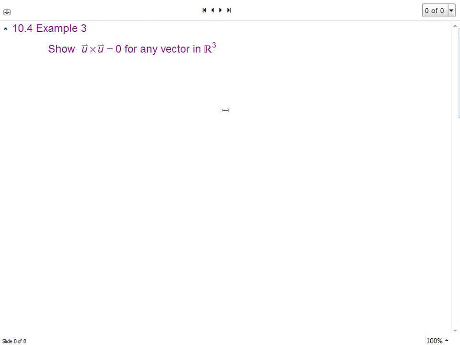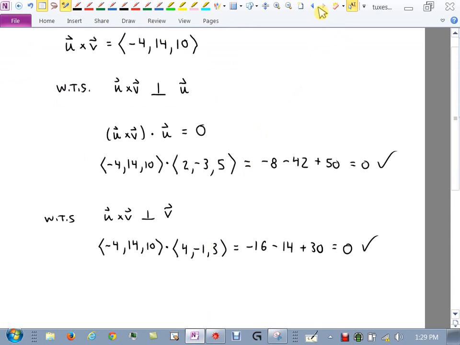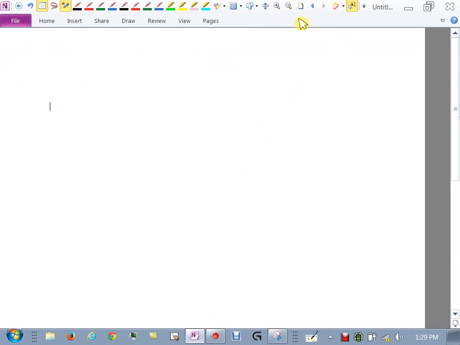Okay, show that U cross U is 0 for any vector in R3. Show that U cross U is always 0. How would you do that? Could I just make up a U, like pick my own numbers?